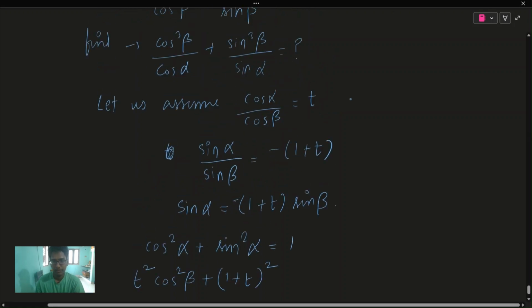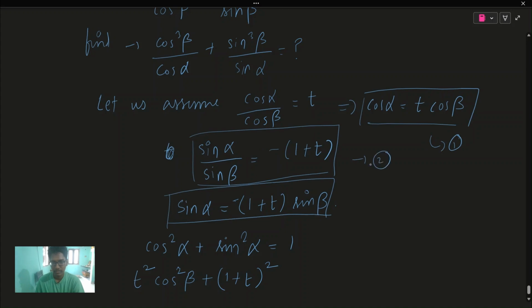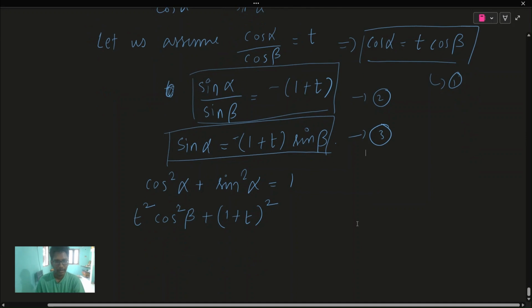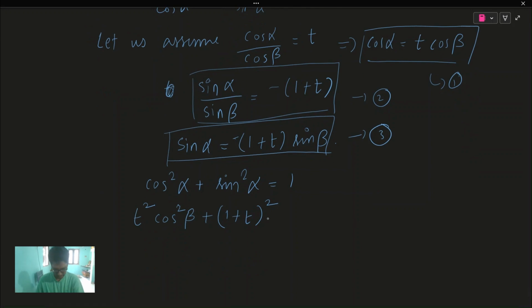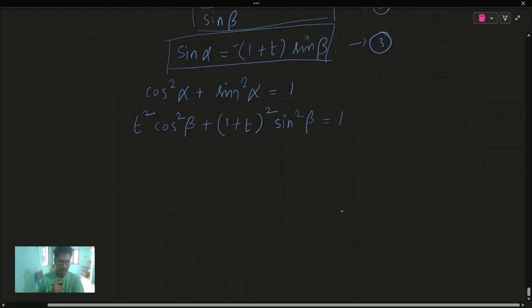And we also know from this we could infer cos alpha is equal to t times cos beta. So you have to adjust accordingly.